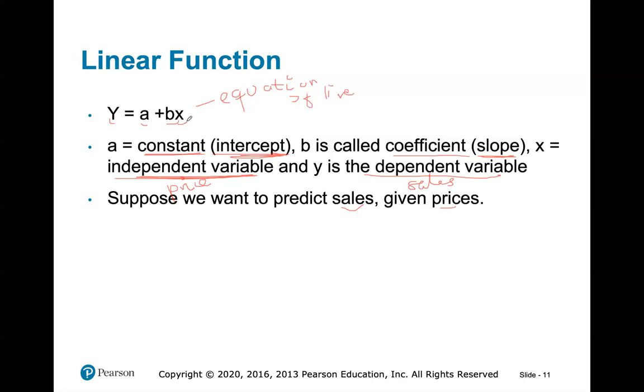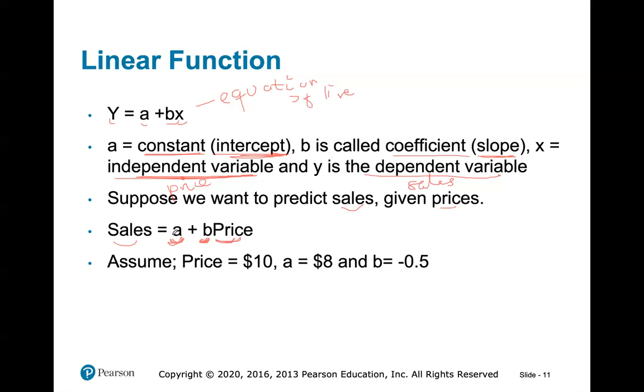If I want to predict sales, I need to find a linear relationship between sales and price. So I can write this as sales equals some constant a plus the coefficient times the independent variable, price. Let's look at this equation.